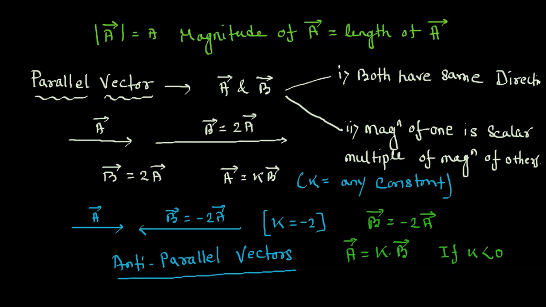But for a parallel vector, K should be greater than 0, and for anti-parallel, K should be less than 0.